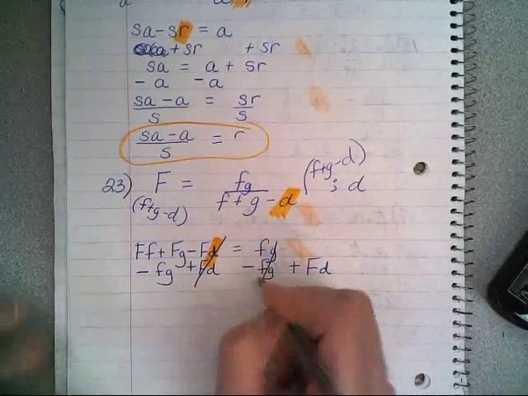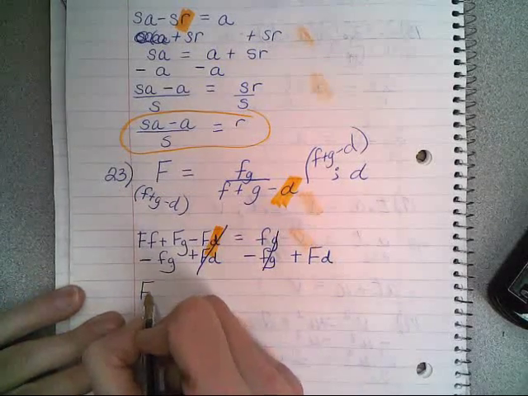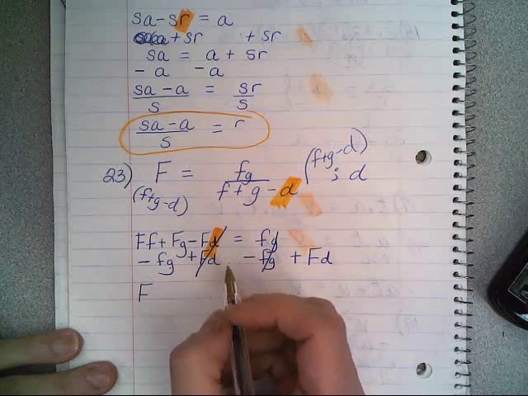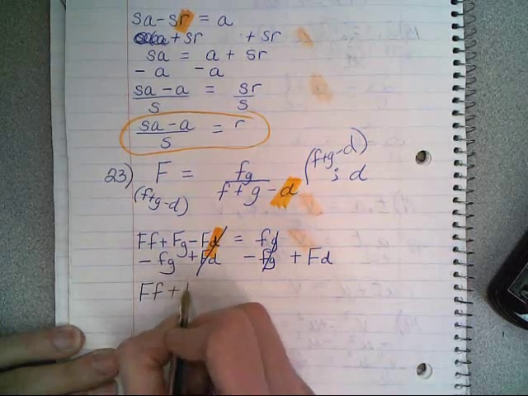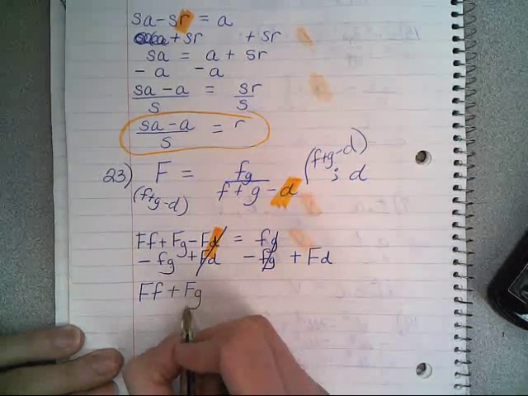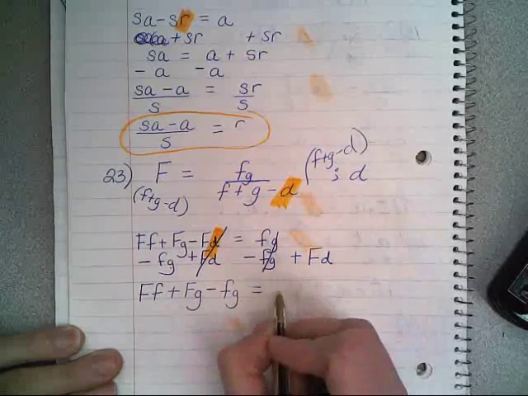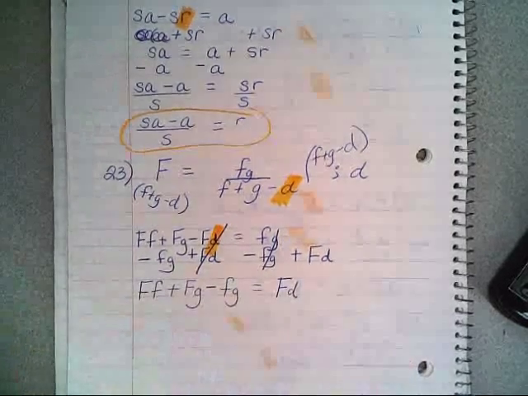This disappears from here and heads to the left. Big F little f, big F, little g, minus little f, little g is equal to big F, little d.